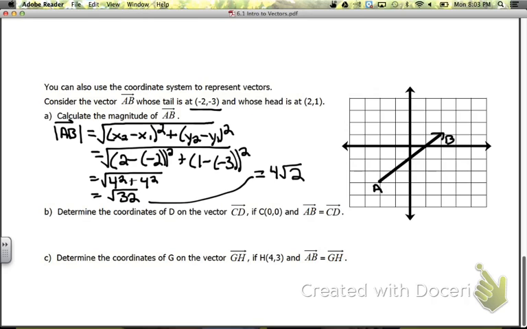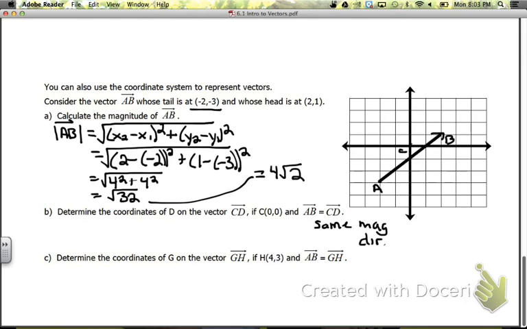Part B, we want to determine the coordinates of D on a vector CD. If C, okay, starts at our origin, so this will be C right here, and AB is equal to CD. So when they're equal, they have the same magnitude and direction. So if it has the same magnitude, that means it's the same size. So if we look here and we see that we can get from point A to B, we can look at our slope. So we go up 1, 2, 3, 4 and over 1, 2, 3, 4.